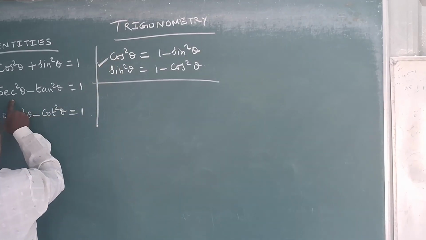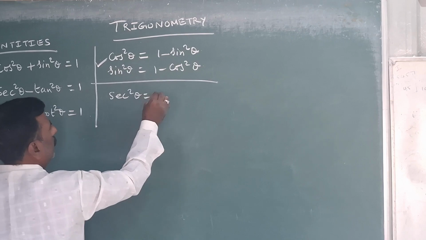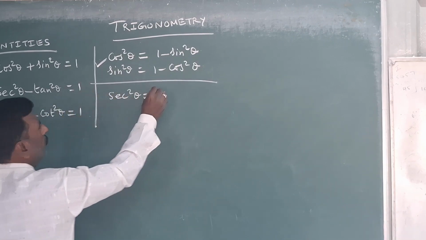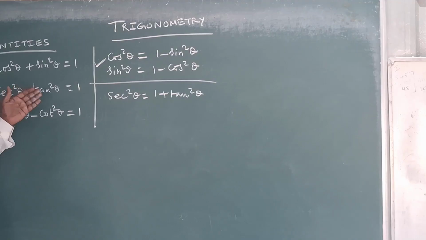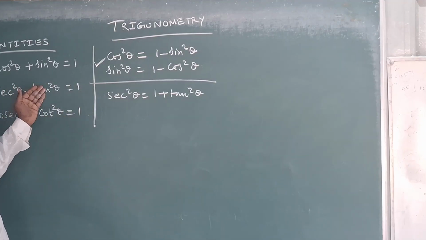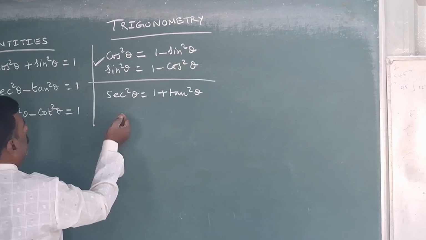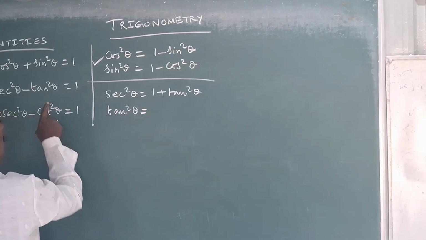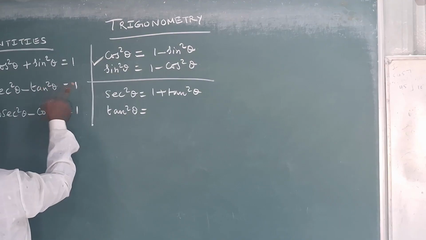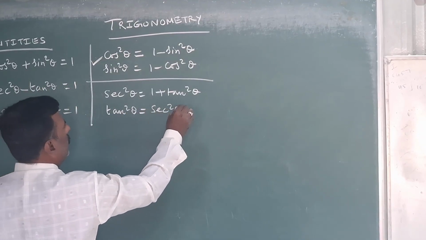Next, from the second identity, if you need secant squared theta, then it becomes 1 plus tan squared theta. From the third identity, suppose you need tan squared theta, then what happens? It becomes secant squared theta minus 1.